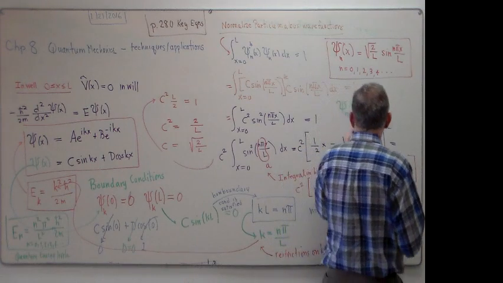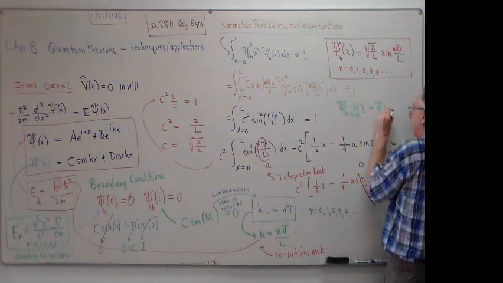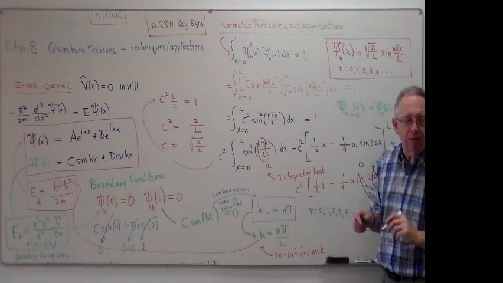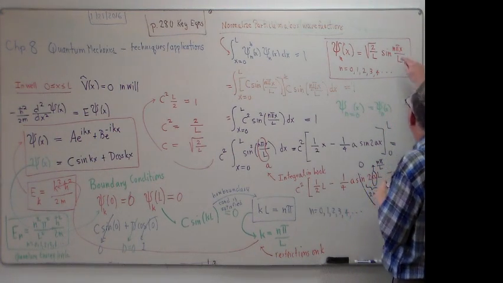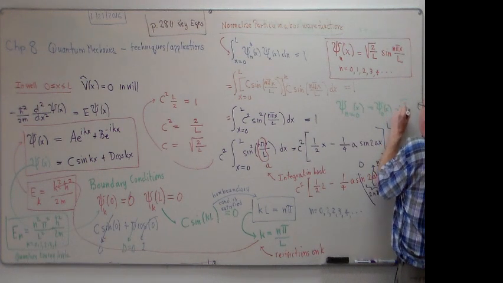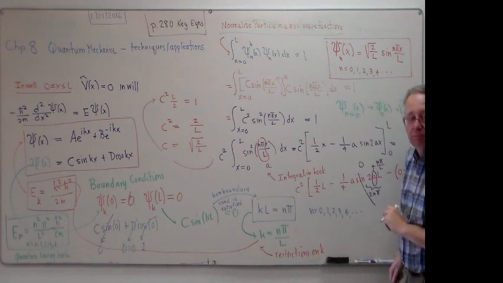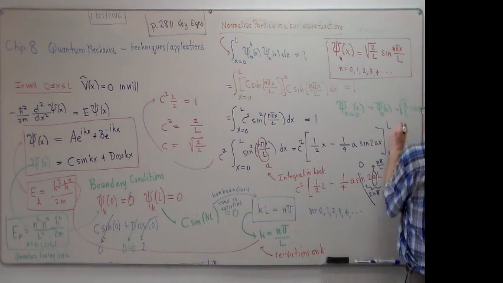In other words, psi 0 of x. What if the quantum number is 0? Doesn't that equal the square root of 2 over L times sine of 0? It's just 0.